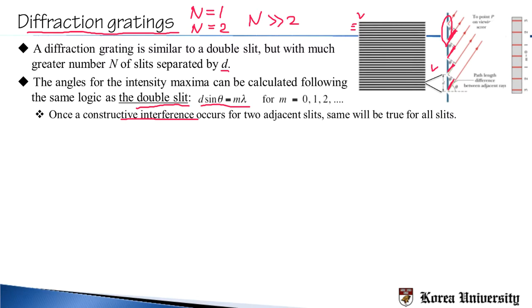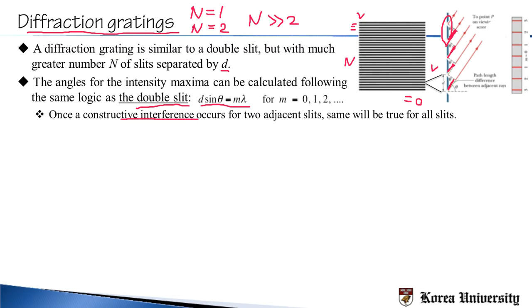But if you are slightly moving away from this constructive interference condition, because now we have many slits, you are adding many sine waves which are slightly shifted away from each other. So therefore, at certain positions, some sine waves will be positive, some sine waves will be negative. So as a combination, if you sum them up, they just become 0.